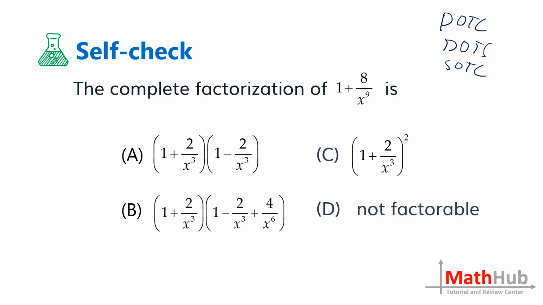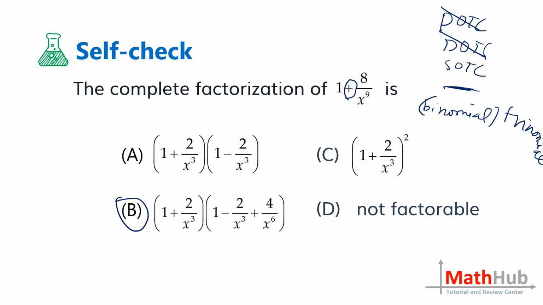But definitely, it can't be DOTS because this is not a difference, rather a sum. So it's already an SOTC. If it's an SOTC, how does it look like? It's a binomial times a trinomial. So just by looking at your choices here, automatically the answer is letter B.